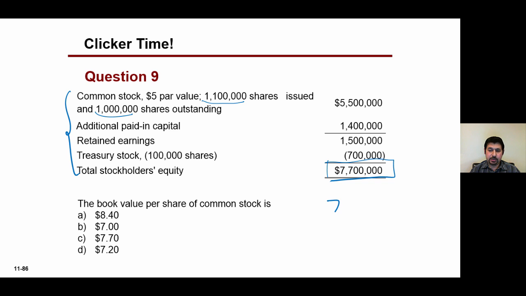So basically it is 7,700,000 divided by the number of shares that are outstanding, which is 1 million, and that would give us $7.70. That would be the book value per share of common stock, $7.70.